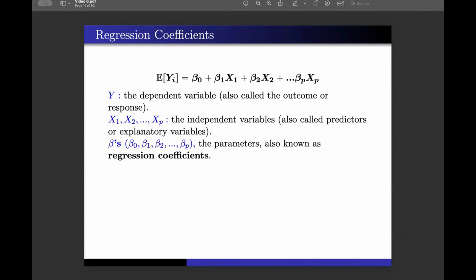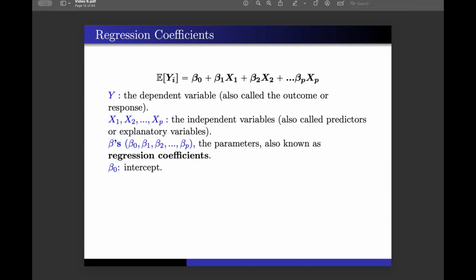And other than these two kinds of variables, we have betas present in the model. These betas are the unknown quantities, and we call these unknown quantities parameters. These are also called regression coefficients. Beta naught in particular is called the intercept.